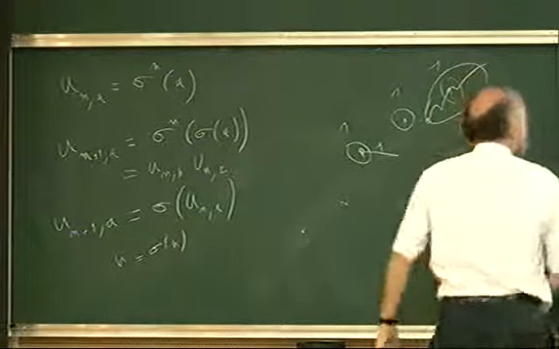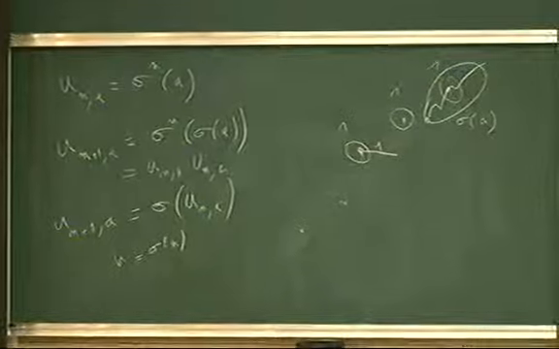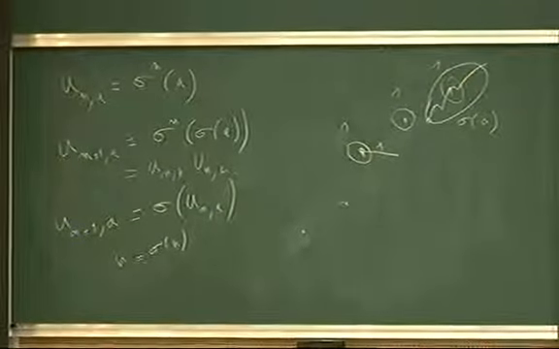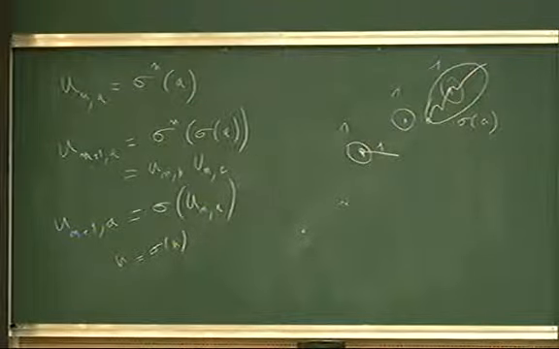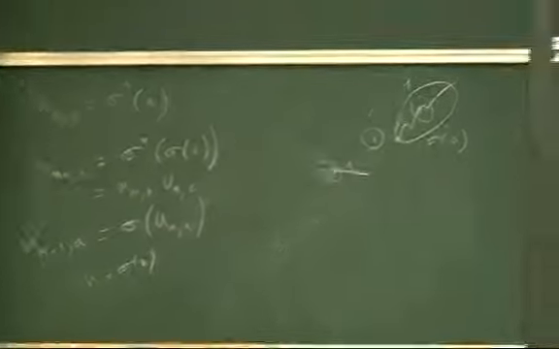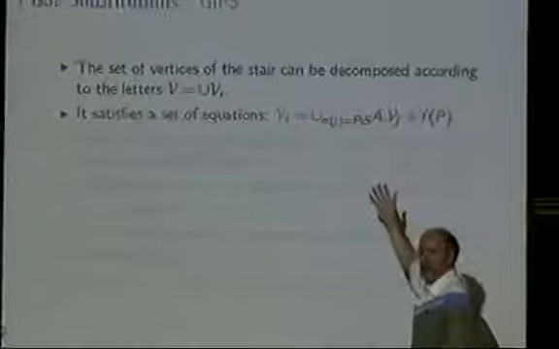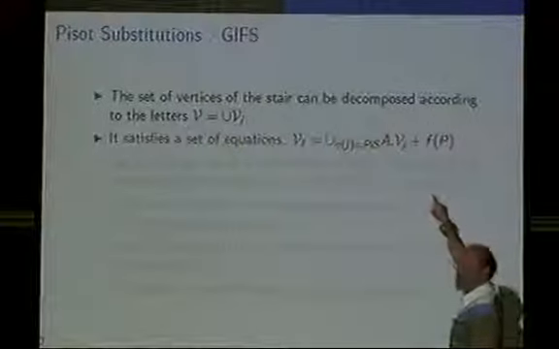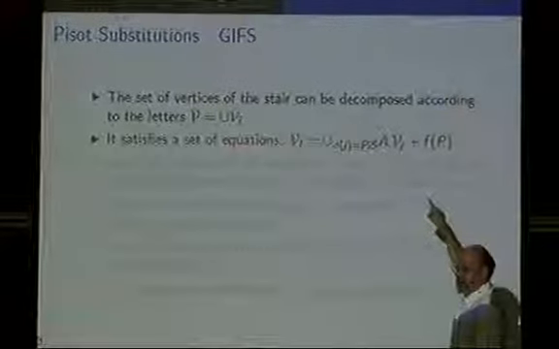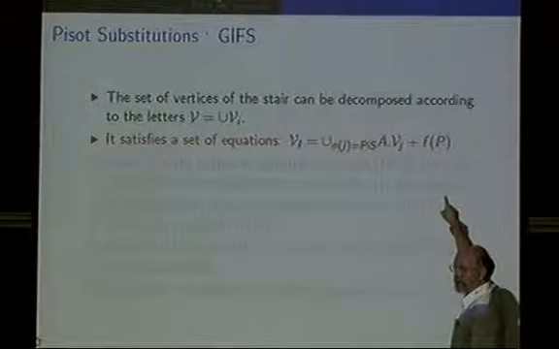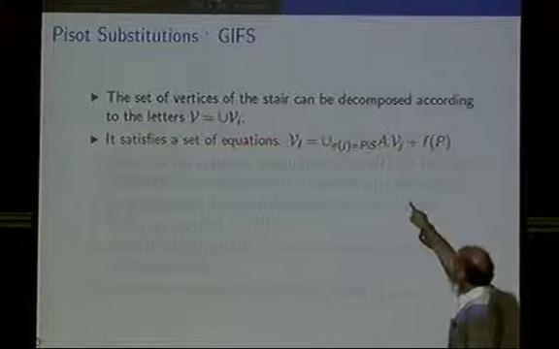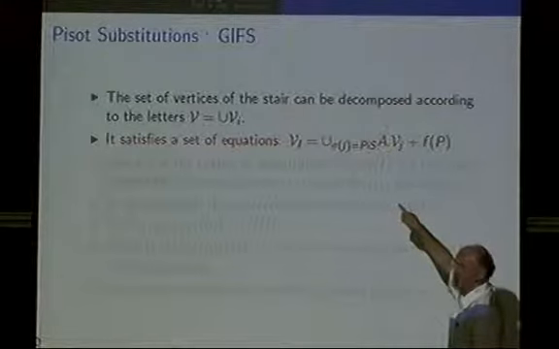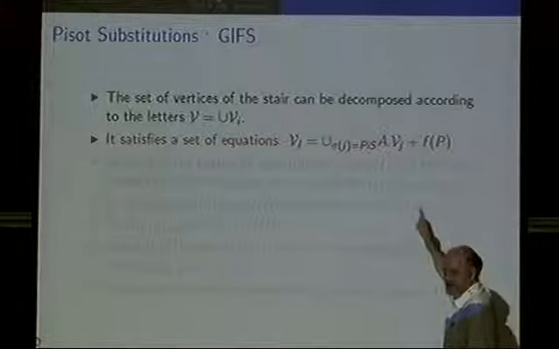Okay. So I have this set equation. If you look at vertices of type i, then they can be written as the union of A times the vertices of type j plus some vector, for all the possible decompositions sigma of j equal to p i s.